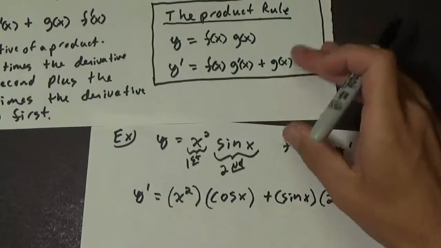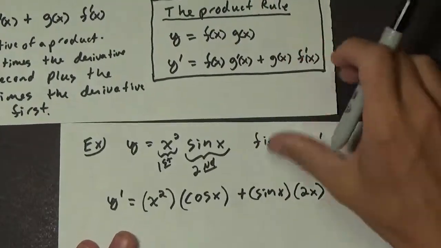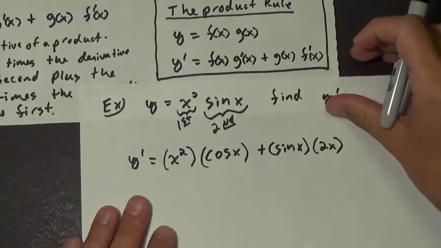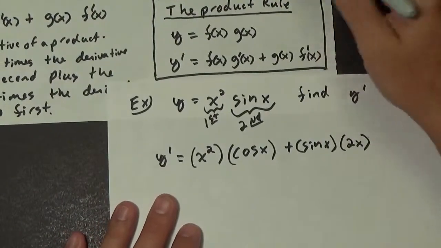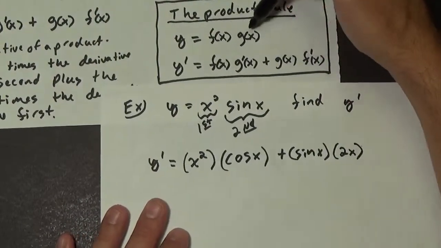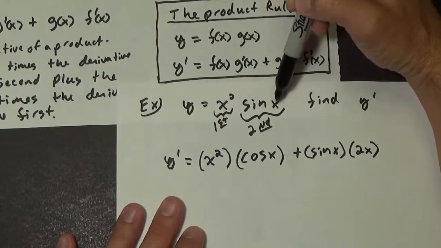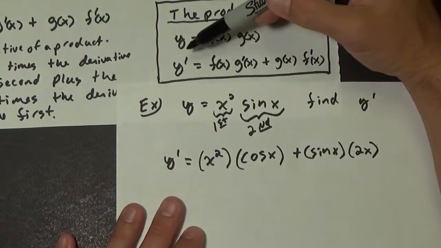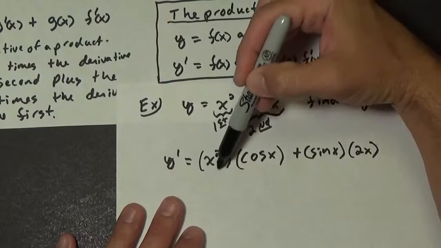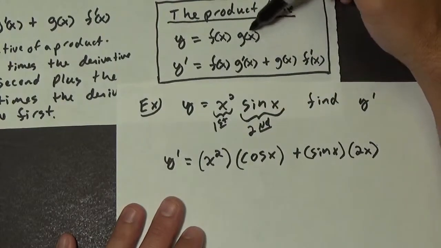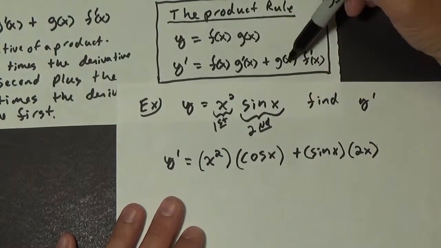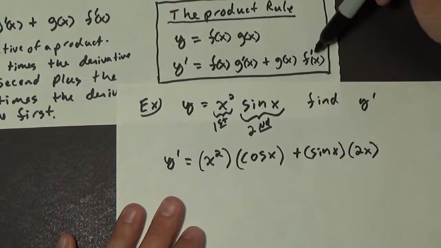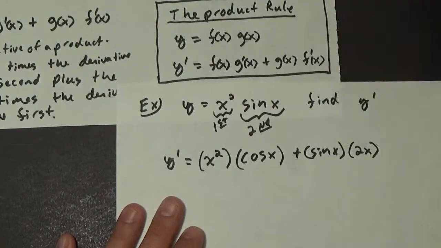So notice how this matches our rule up here. We have f of x times g of x. This would be f of x, this would be g of x. And then the derivative is f of x, so we wrote it down again, times the derivative of g of x. Then we have g of x, we wrote g of x down again, times the derivative of f of x.